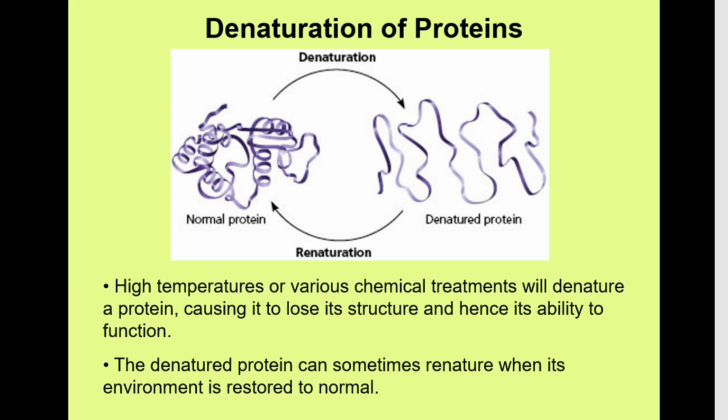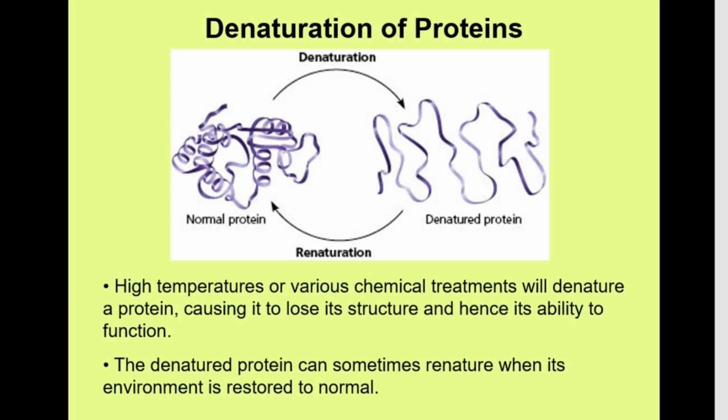But certain things will affect the structure of our proteins, such as temperature, particularly high temperatures. High temperatures will cause the bonds and interactions that stabilize secondary, tertiary, and quaternary levels to undo. So our protein will essentially unravel.